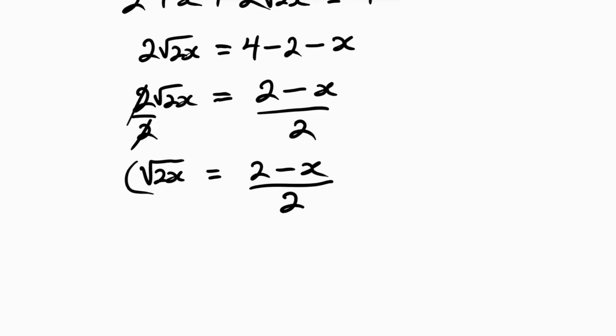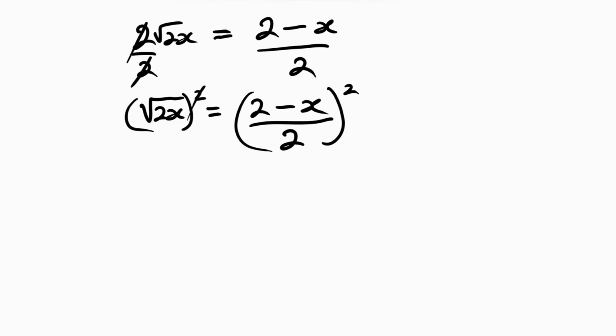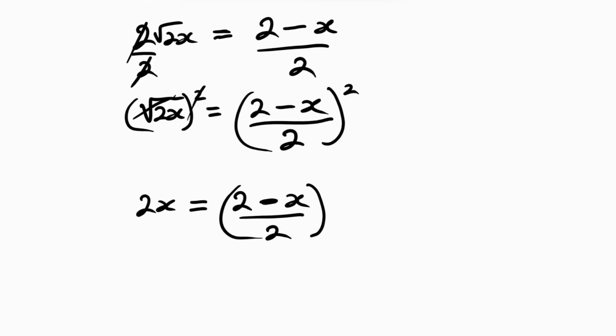So if we square both sides, this 2 cancels out the square root. So we have 2x equals ((2 minus x) divided by 2) raised to the power 2.